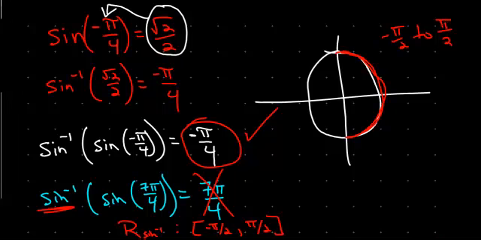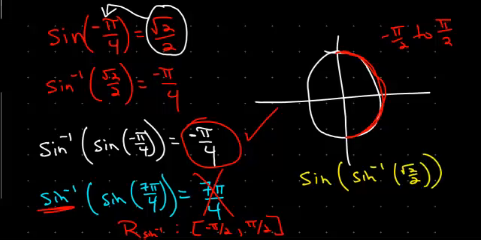And again, the sine of the inverse sine of root 2 over 2. Now, if you think about it, the inverse sine spits out the angle that gives me a sine of root 2 over 2.